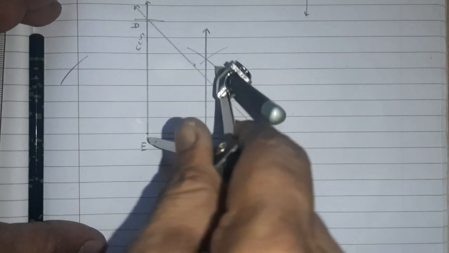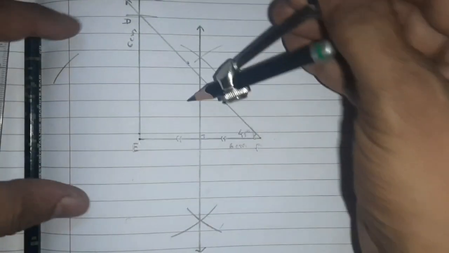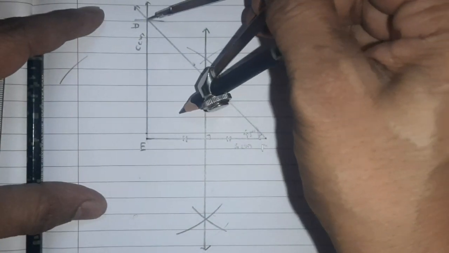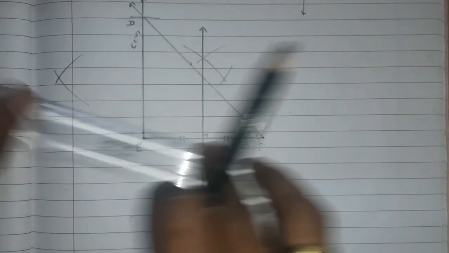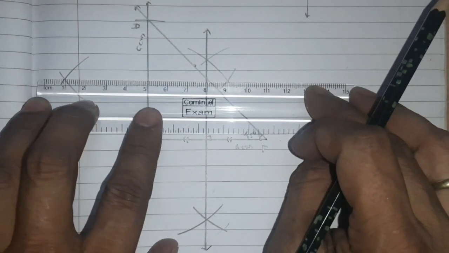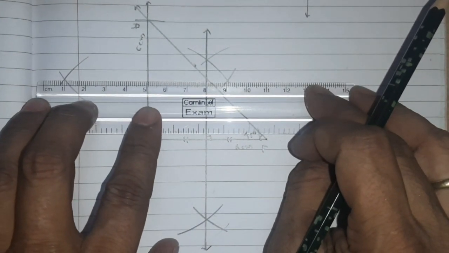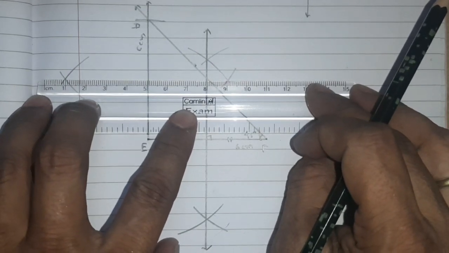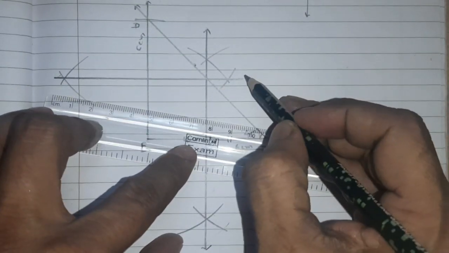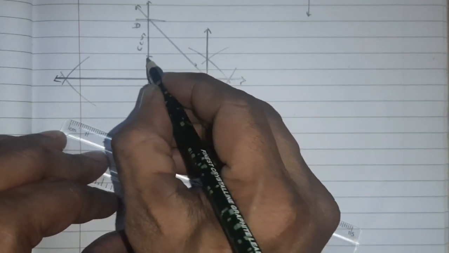Take a more than half distance and draw the arc like this. Put the metal point on D and draw the intersecting arc to the previous. Join like this. This is the perpendicular bisector.